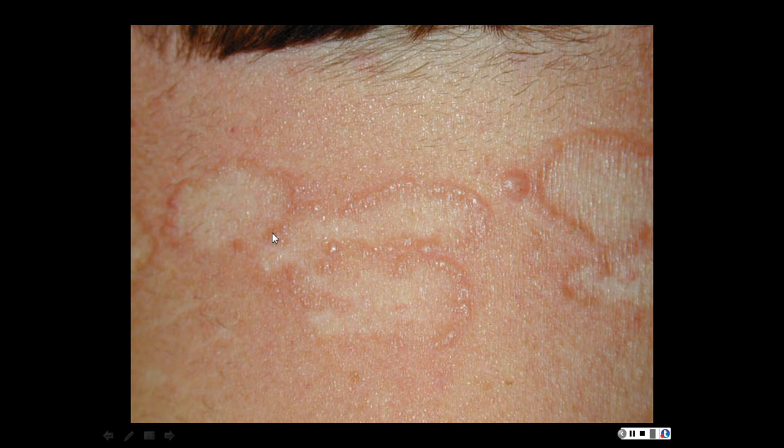Arcuate, or if it forms a complete ring, annular. So arcuate and annular lesions. Round is circinate. Donut is annular. Partial donut you've taken a bite out of is arcuate. So, and then is your center normal or is your center not normal?